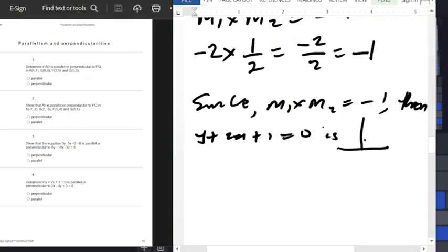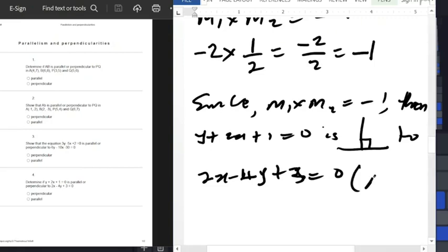This is the symbol for perpendicular. It's perpendicular to 2x minus 4y plus 3 equals 0. So that's number 4, option A. They are perpendicular to each other.